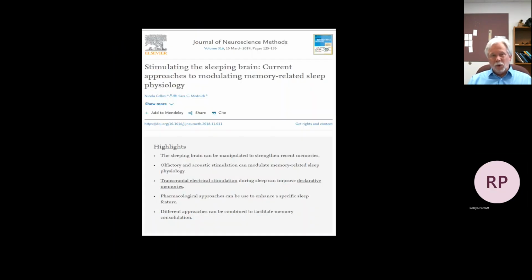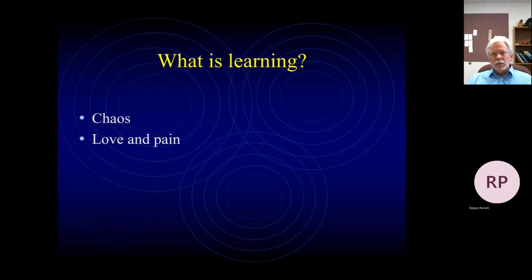And what we've found more recently, and this is the second bullet point of the highlights, is certain things in the room that create a soothing sound or an appropriate smell, a good smell, will also enhance learning. But what is disruptive?